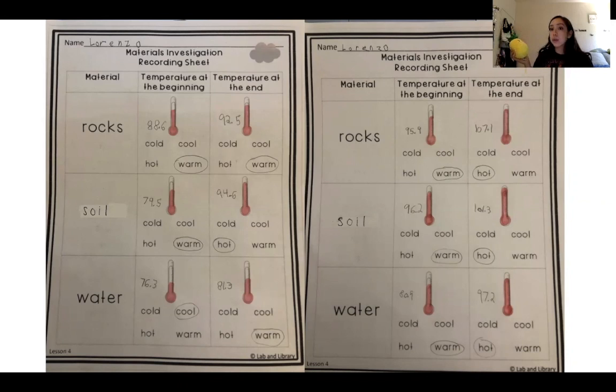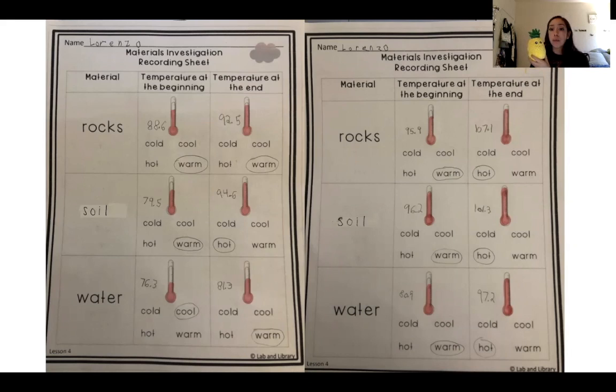raise their hands to discuss how they might mention how the objects heat up with the sun, but they do so at different rates. We can see this in our recording sheet where the rocks heated up to a slightly higher temperature than the water.